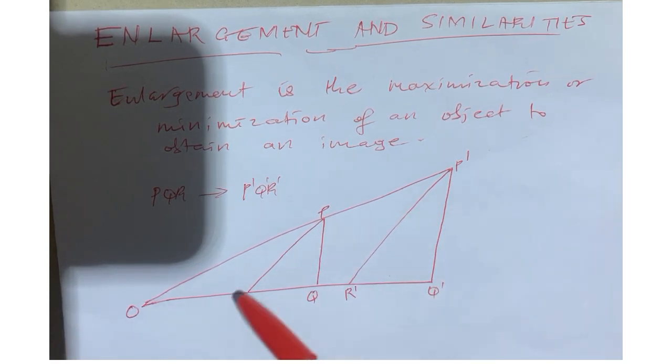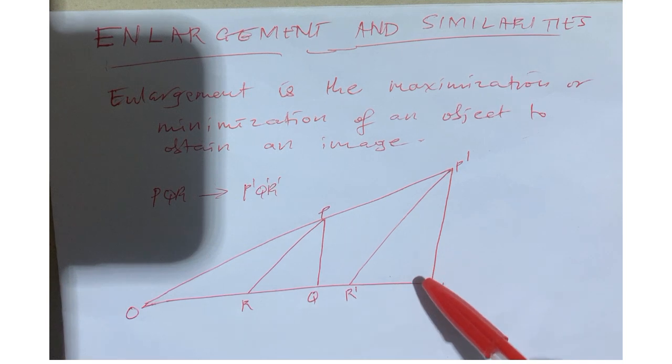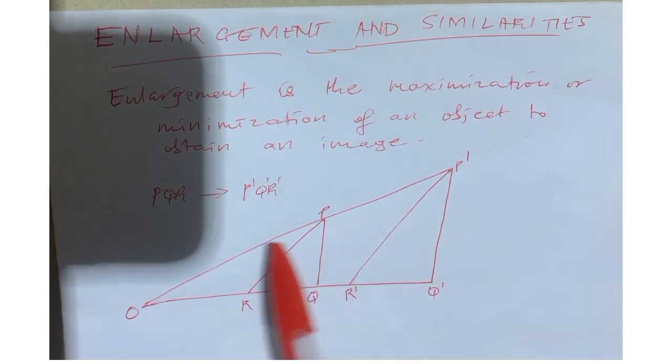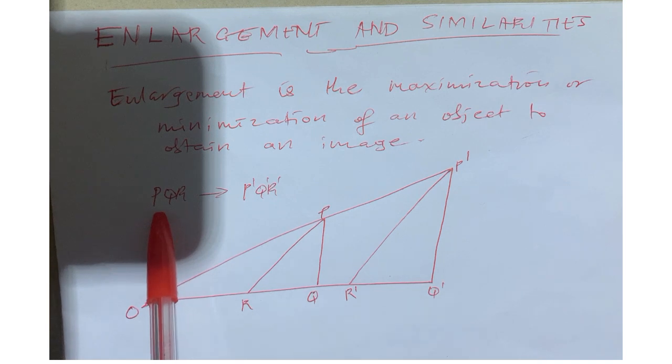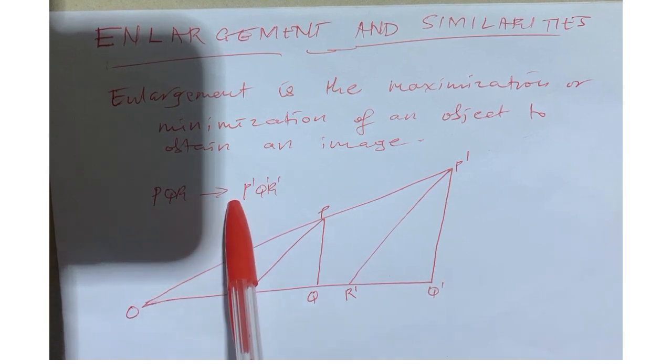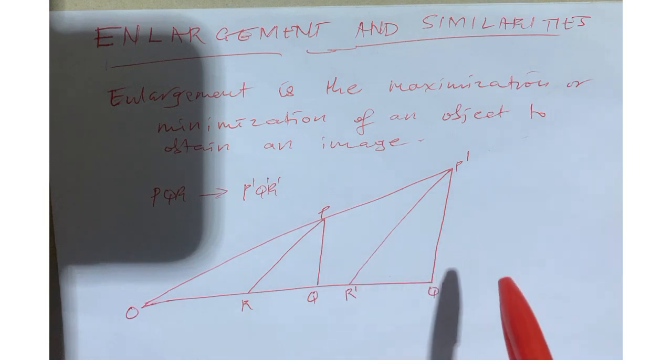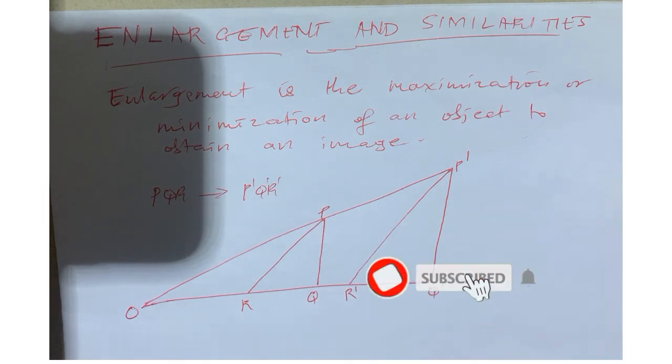Now let us look at this shape here. The figure that we have over here comprises triangles, right? Now we have PQR being transformed to P prime, Q prime, and R prime. One thing we also have to take note of is that under the enlargement and similarities, mostly the transformed figure is represented with primes, okay?